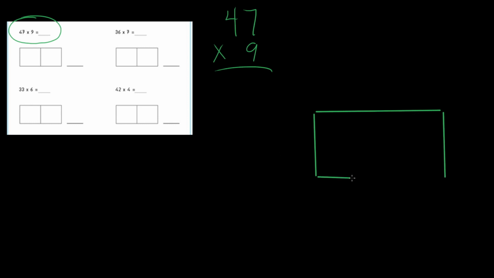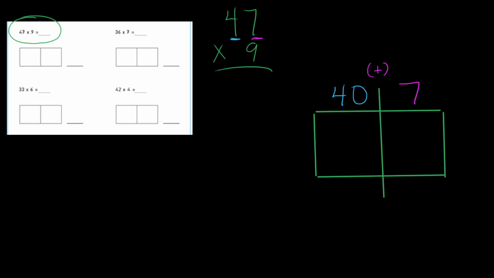Okay? And I can see they've split it down the middle. So I need to think about now, okay, 47. 47 is really just 40 plus 7. Okay, and if you even need to imagine, we can put a little parenthesis, just so you know, that's really 40 plus 7.